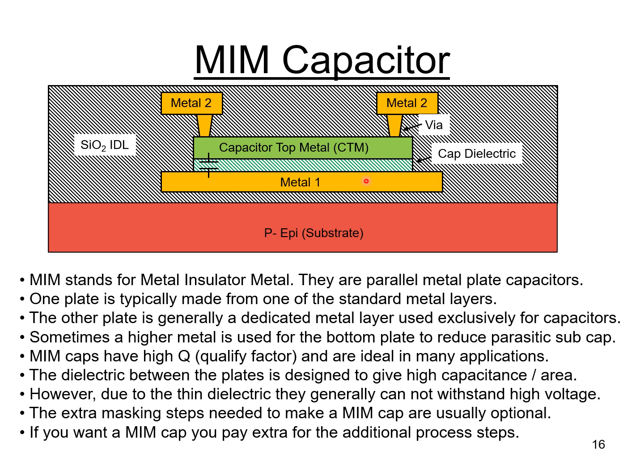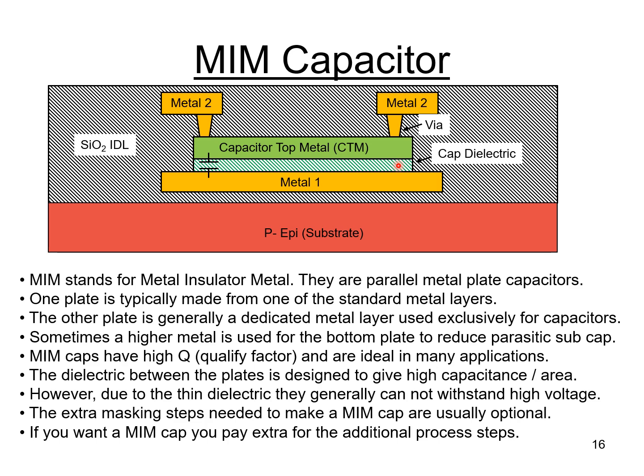The dielectric used between the two plates here is not your standard dielectric. It's usually something other than silicon dioxide, maybe silicon nitride, something that will give you a higher capacitance per area. In addition, it's very thin, so that also adds to the capacitance per area. So you can get a lot of capacitance out of a structure like this.